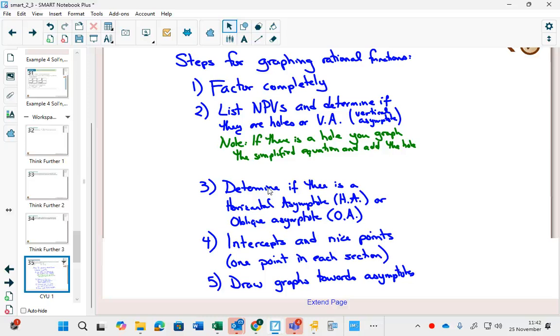Step 4, we're going to draw all of our x-intercepts and y-intercepts, and then we're going to talk about graphing some nice points, and I talk about graphing at least one point in each section. That'll make more sense as we do examples what we mean by that. And finally, you draw your graph through your points towards your asymptotes, and you'll be done.